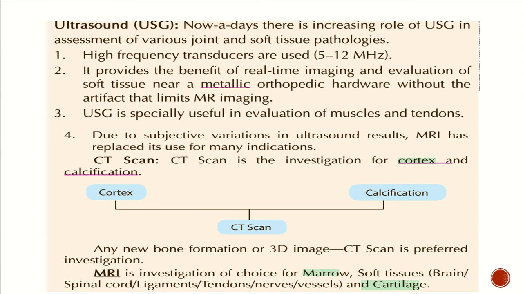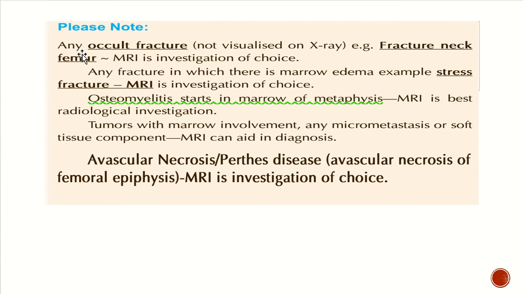Any occult fracture that is not visualized on X-ray, example fracture neck of femur, MRI is investigation of choice. And any fracture in which there is marrow edema, where marrow is involved, example stress fracture, MRI is investigation of choice.